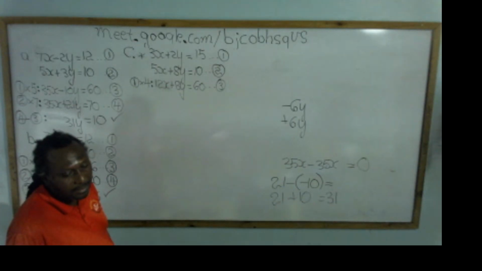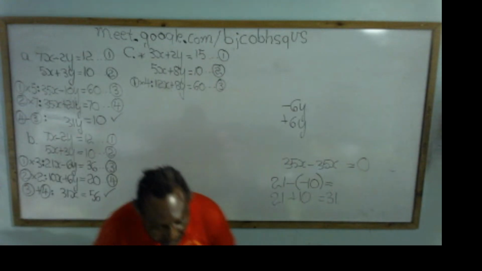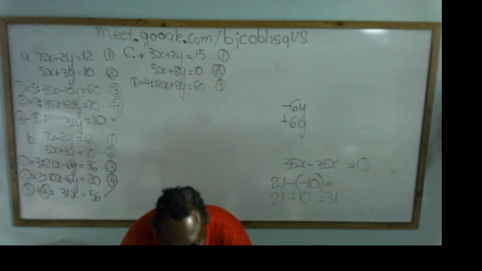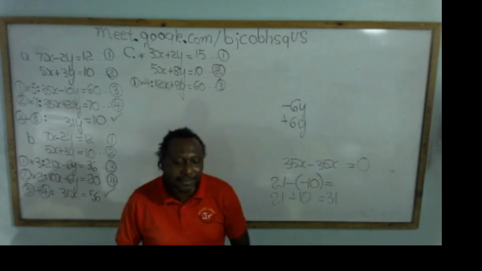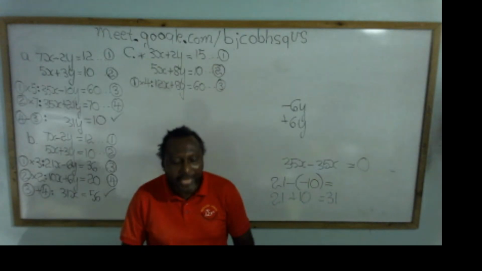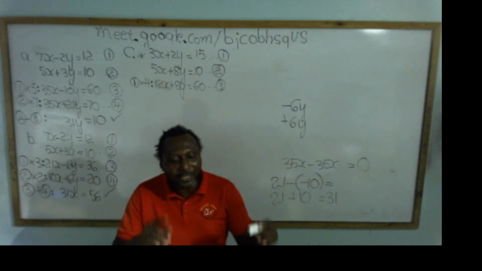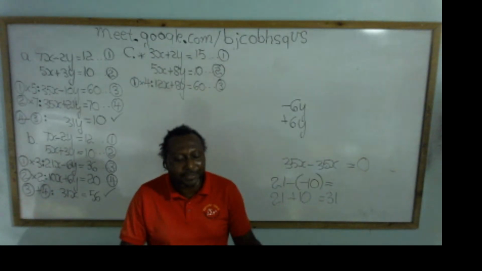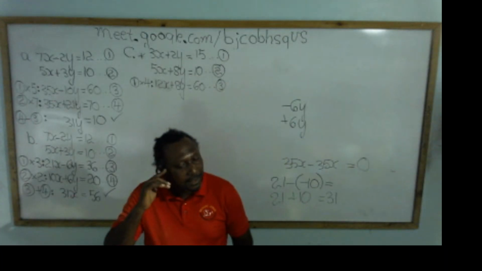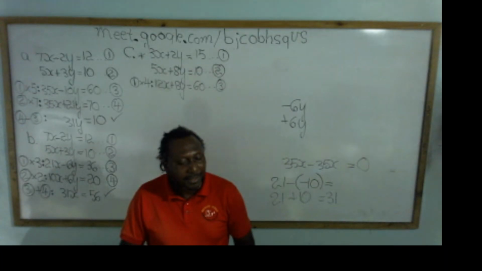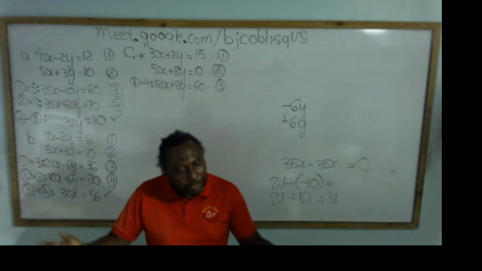So it is not all about multiplying. That's not the objective. The objective is to get two of the coefficients to be the same or to be additive inverses. So the objective is neither to multiply, but if multiplication does it, then go straight ahead and multiply.